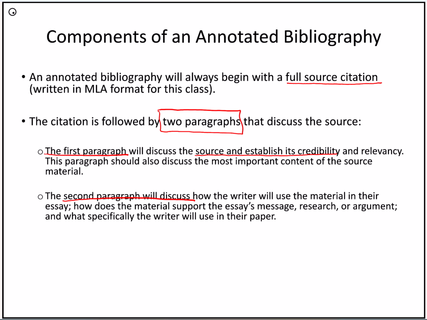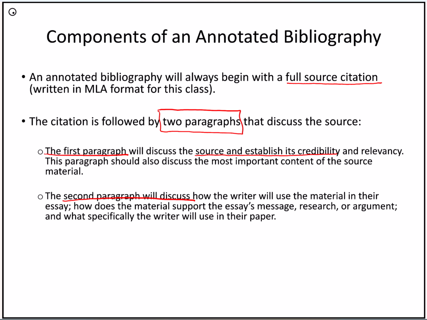So I'm not holding you to anything you say in this paper. So if I see you use a source differently than you said you would in your annotated bibliography, I'm not going to say, oh gosh, he didn't do what he said he was going to do, or she didn't do what she said she was going to do. They don't know how to write a good paper. I'm not like that. So this is just to get your mind thinking about how you can use it in your paper and how it ties in with other sources.